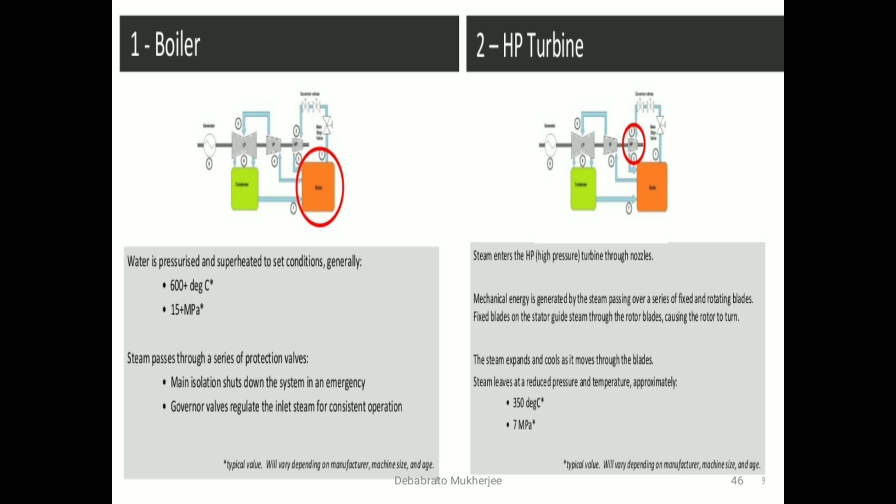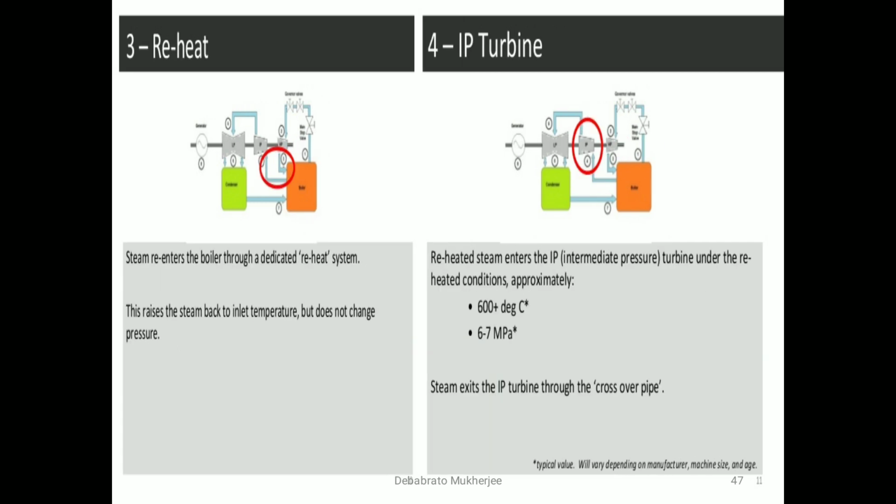Now I should conclude. Boiler, what should be the temperature? There should be 600 plus degree temperature and 15 megapascal steam should be produced, and for the high pressure turbine at least 350 degree Celsius steam should hit the turbine, with a pressure of 7 MPa.